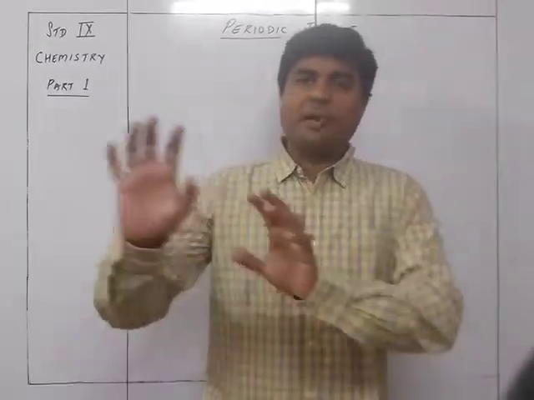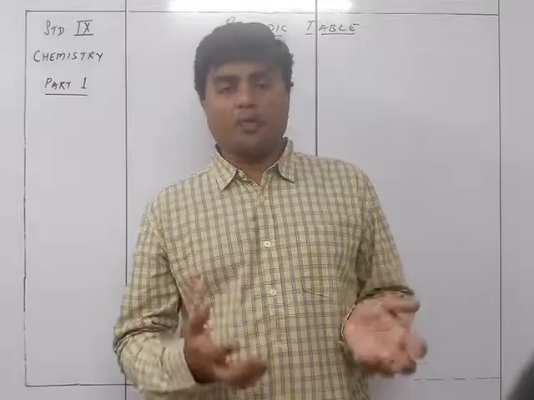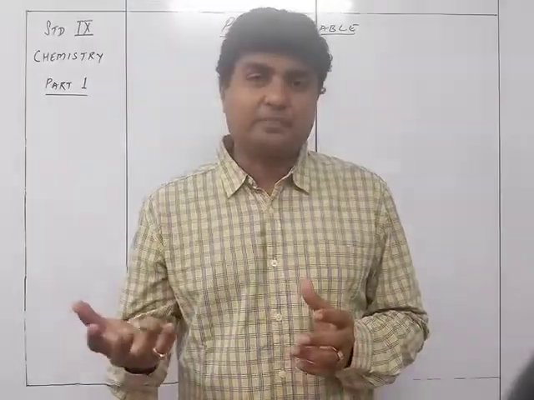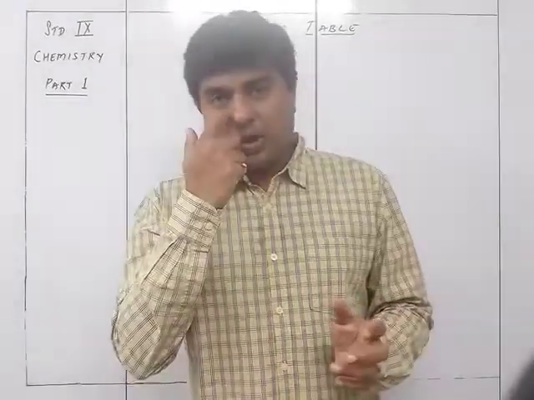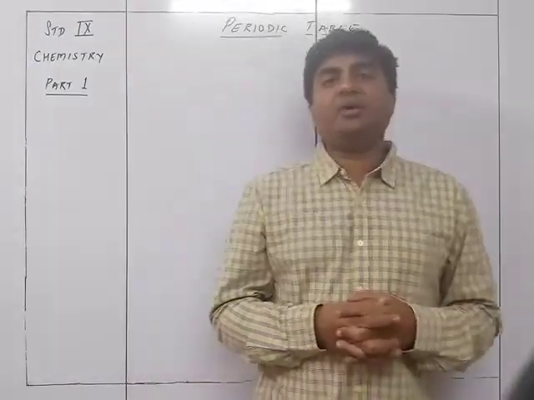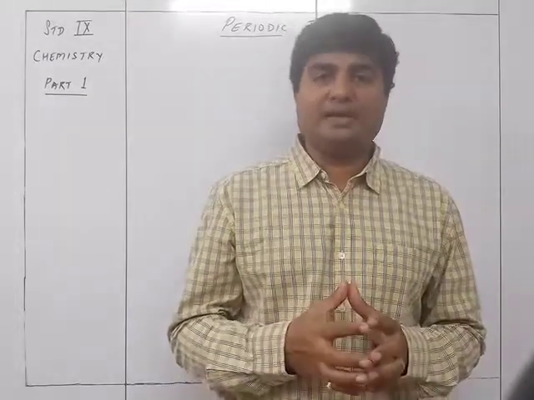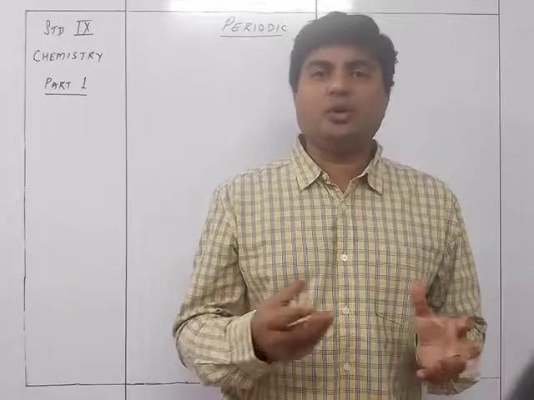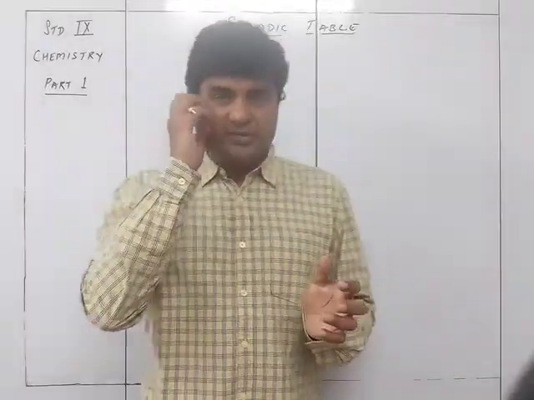They said this is a metal, this is a non-metal, without even seeing what the property of it is, how it is going to react with a substance, or whether it is highly reactive or less reactive. Moreover, at that time the number of elements discovered was also less, so it was easier to study those elements.